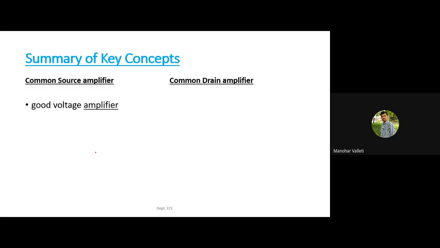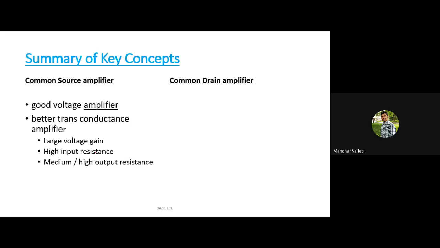Now compare the parameters of the common drain amplifier and the common source amplifier. The common source amplifier will have very good voltage gain, right? You saw in the previous lab it is giving almost 28 as voltage gain. You've seen it in the output waveforms in the Cadence tool.